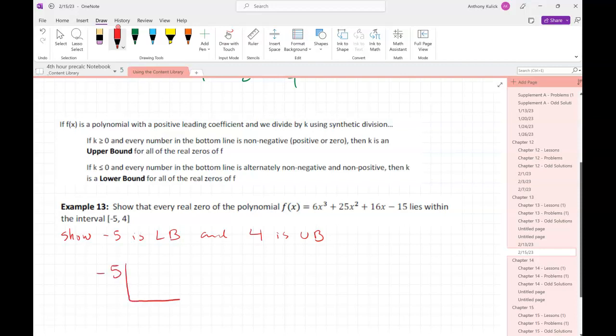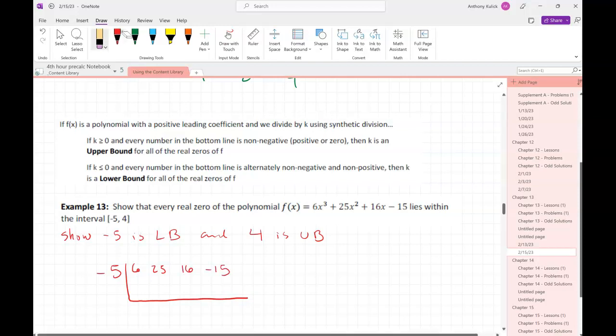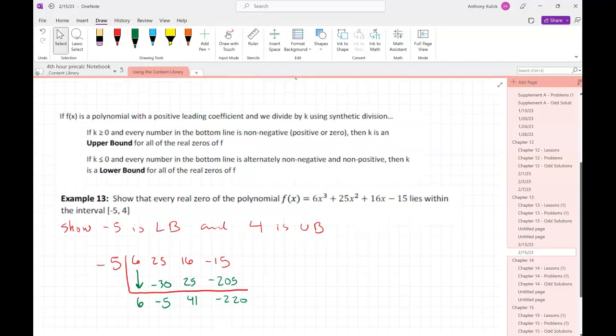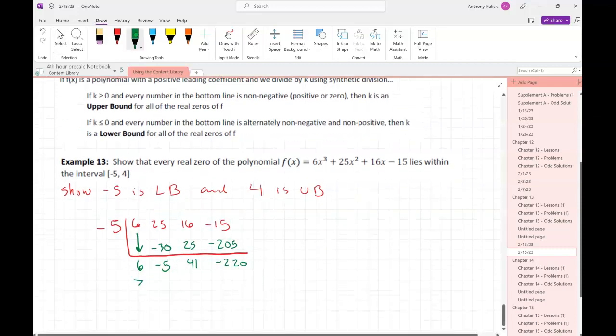So to do that, I'm just going to do synthetic division. And look at the result. So here, let's see what I have.